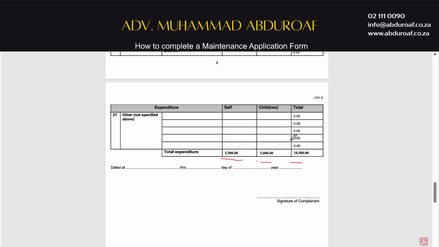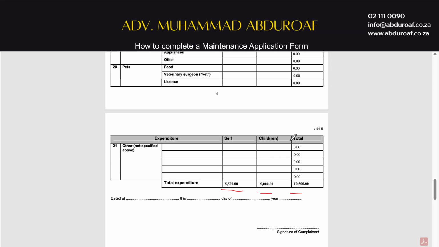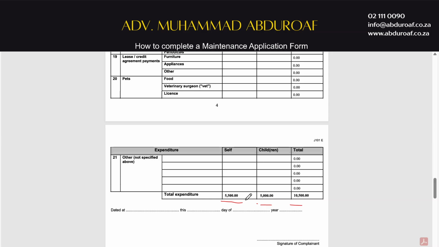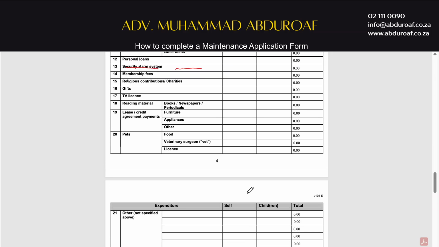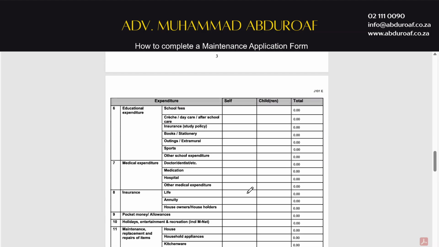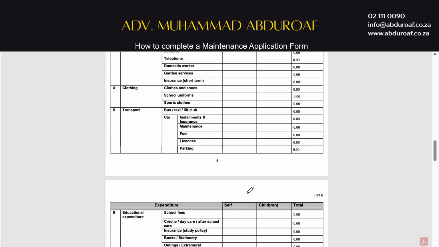Now, following that specific example, her 5,000 Rand per month which she earns, she can use it for herself, and she'll get an additional 500 Rand from the father, and the father will be paying the 5,000 Rand towards the minor children. But each case is totally different. Because remember, her 5,500 Rand she has here are all her expenses for the month. That's very important to note.